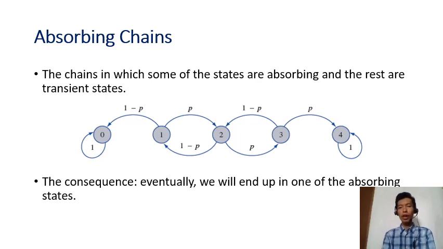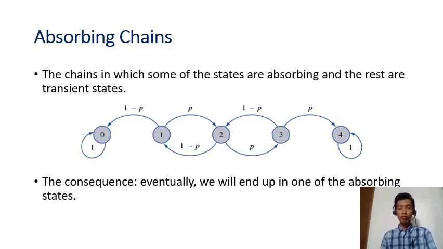The consequence of having an absorbing chain is that eventually we will end up in one of the absorbing states. If you remember the Gambler's Ruin game, you will finally either win the game by earning $4, or you will completely lose the game by having nothing left in your pocket.